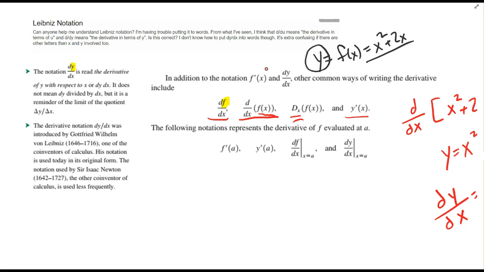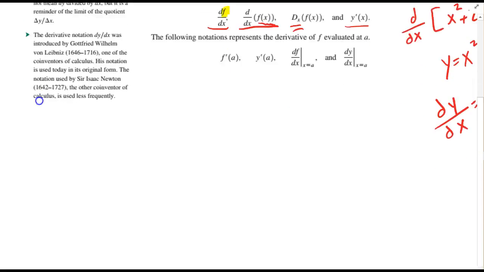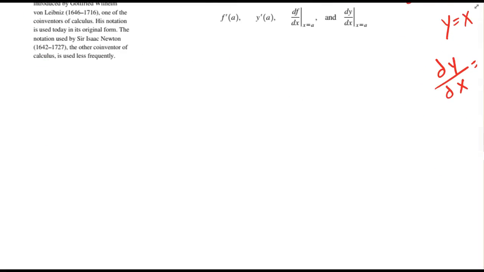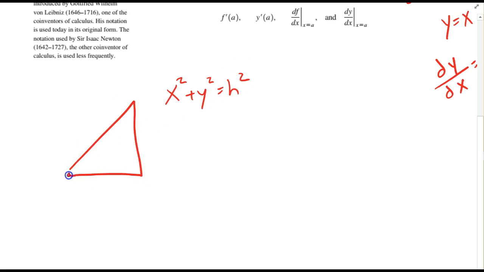This is very important. That comes up when we differentiate functions with respect to time. So we might have a function, let's do x squared plus y squared equals h squared. This comes up later on in the course. I have x, y, h. So I might have some related rates problem where this might be a ladder that's sliding down the wall.